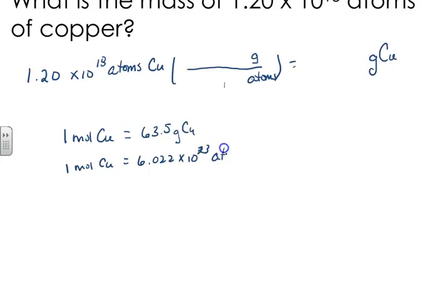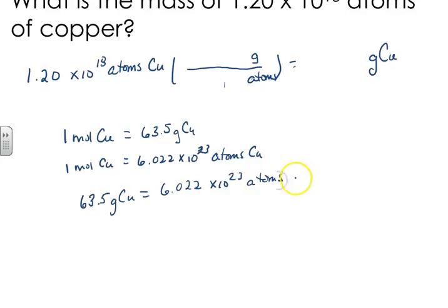This would be atoms of copper. Notice that both of these are equal to 1 mole, therefore they are equal to each other. 63.5 grams copper is equivalent to 6.022 times 10 to the 23rd atoms of copper.